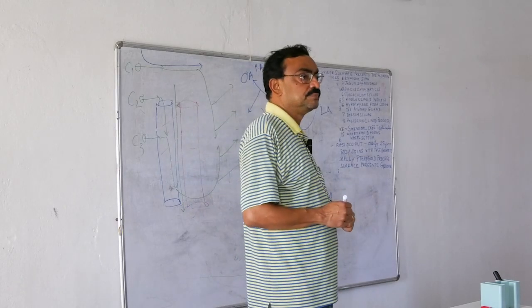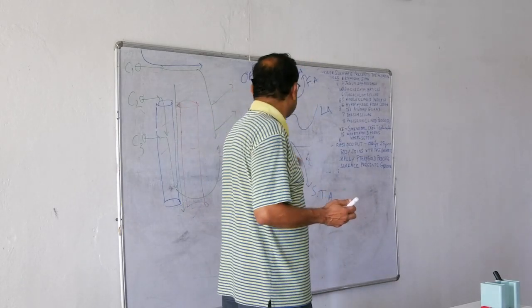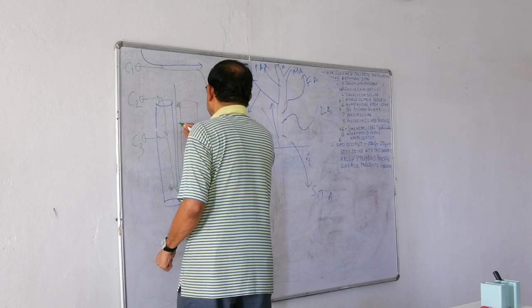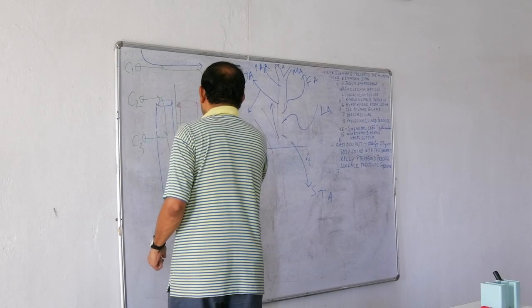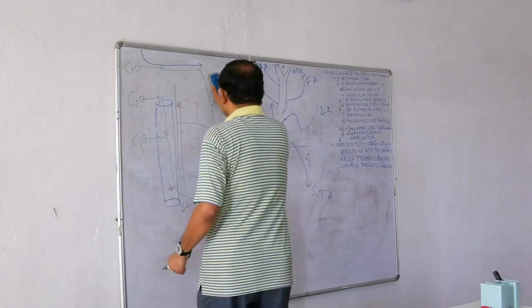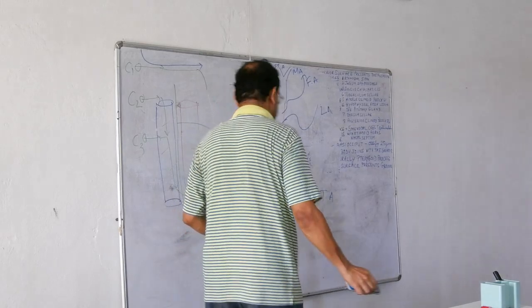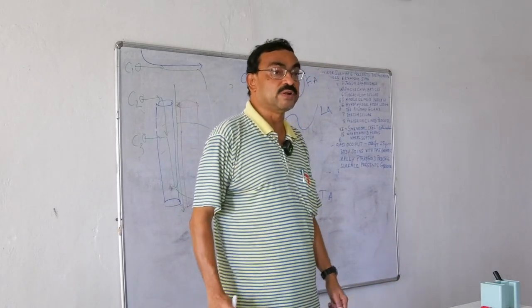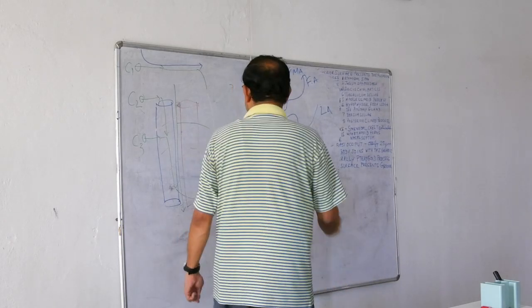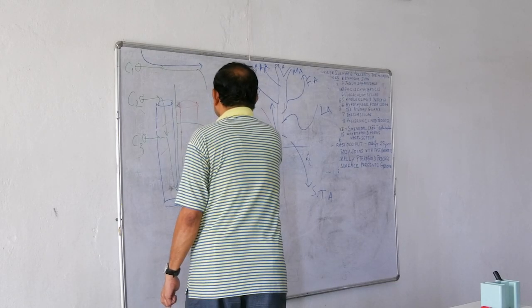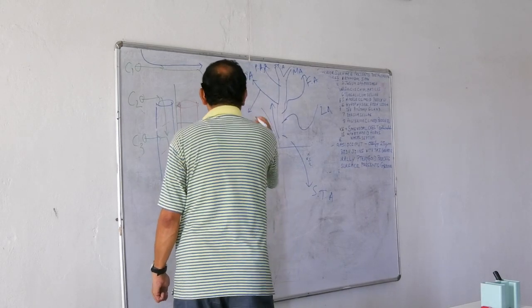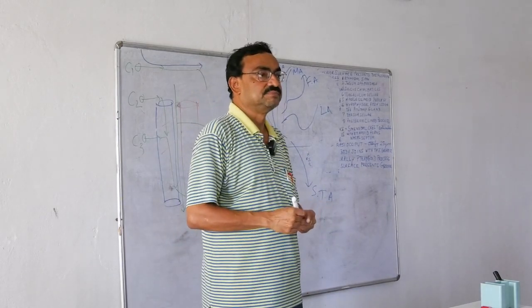Before the bifurcation of the common carotid artery, we will get a very important branch from the vagus nerve, that is the superior laryngeal nerve, which will divide into external laryngeal and internal laryngeal.